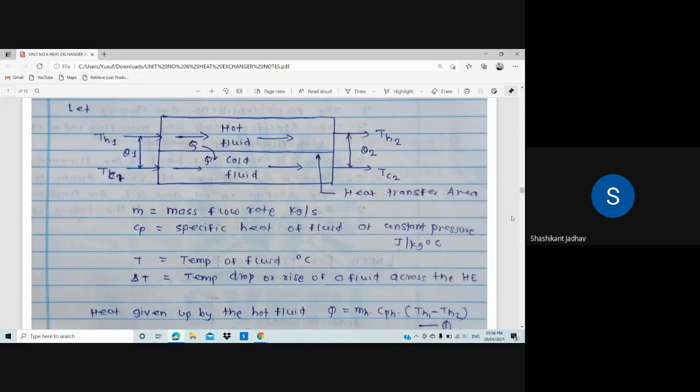Then delta T is the temperature drop or rise across the heat exchanger.